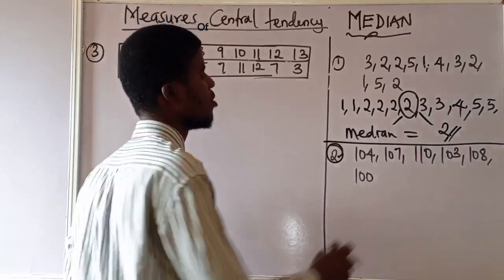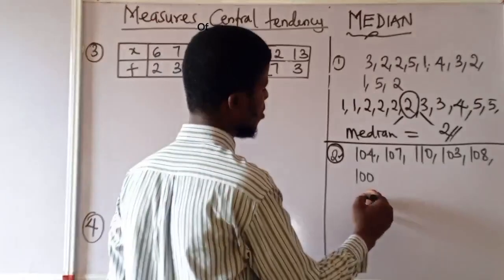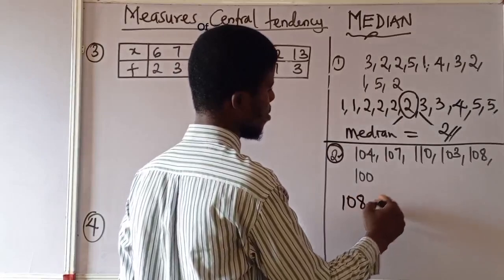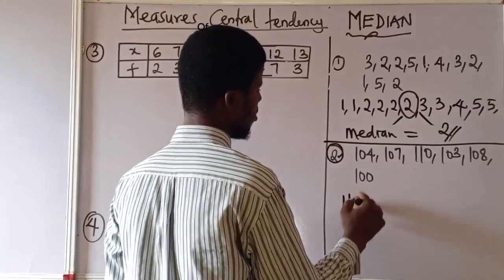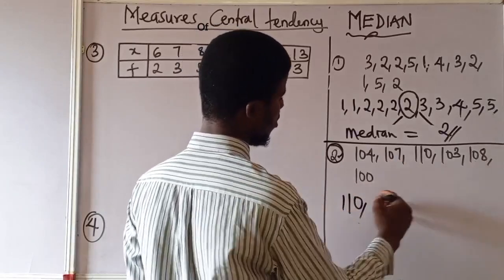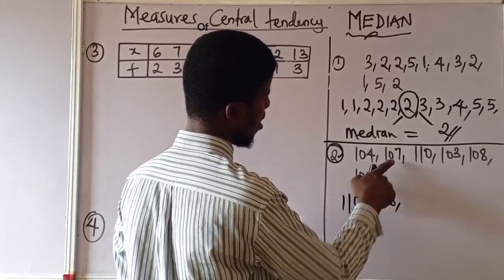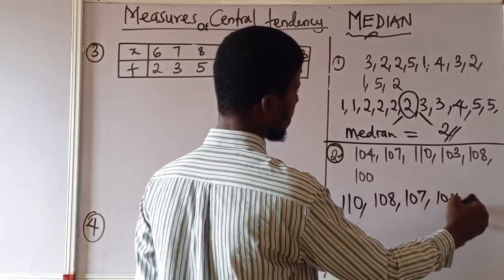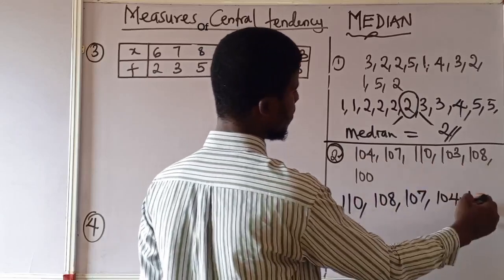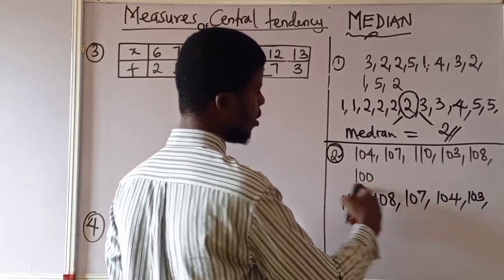Let's arrange from the highest to the lowest here. We have 110 first, then 108, then we have 107, then 104, then we have 103 before 100.